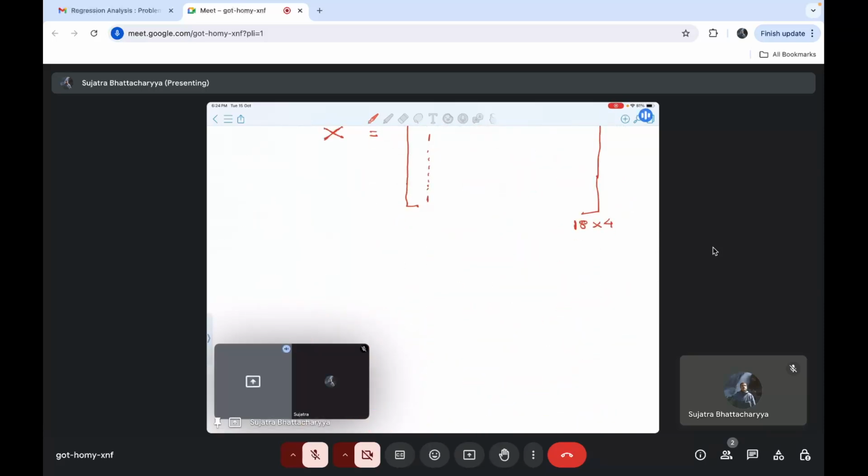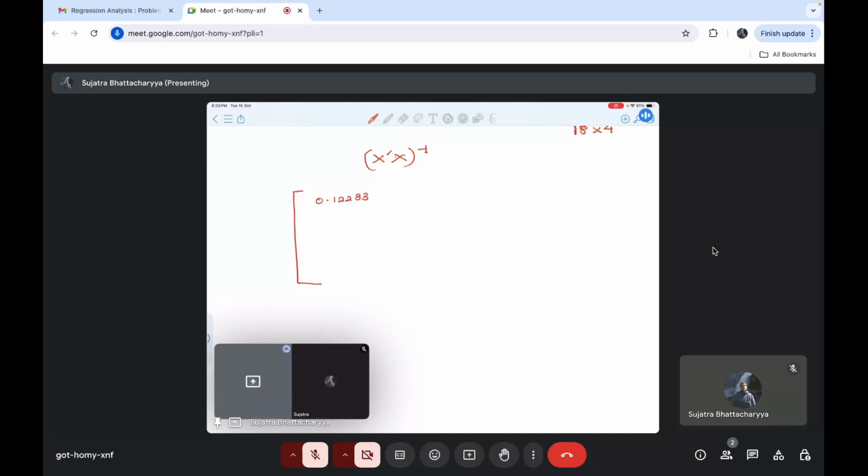I'm not writing it. So after this, what we can do is calculate (X prime X) inverse. Let me write this (X prime X) inverse. So the process we know how to do it. So let me just write the inverse, which will be of the order 4 by 4, based on the parameters. Right. So let me just quickly write the values of the inverse matrix, which is 0.12233.